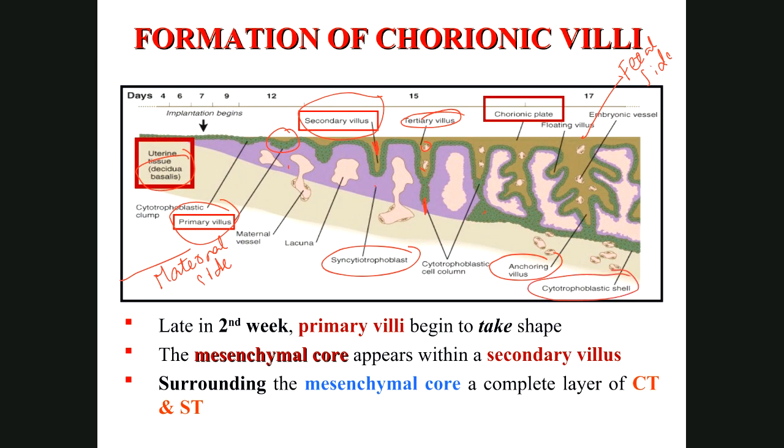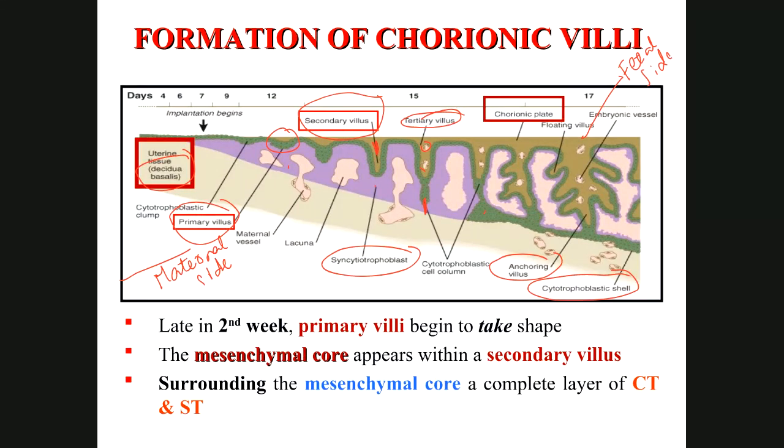Is it clear? So the cytotrophoblast, which were earlier just below the syncytiotrophoblast, now they have gone beyond it, and they have created a shell called the cytotrophoblastic shell. So you can see anchoring villi are anchored between the chorionic plate and the cytotrophoblastic shell.